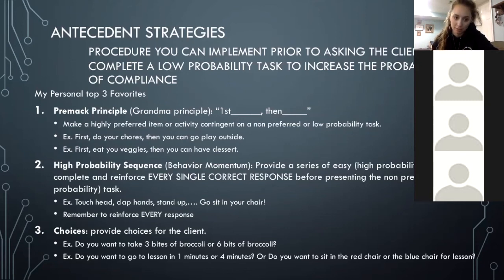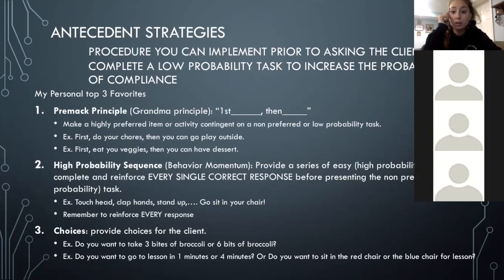Use it. Okay, my next antecedent strategy is high probability sequence. I think sometimes we talk about it as behavior momentum. They aren't exactly the same, but I think people tend to try to use those terms synonymously. Okay, so a high probability sequence.